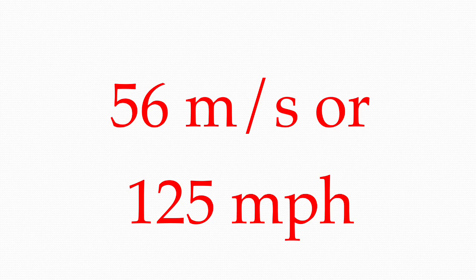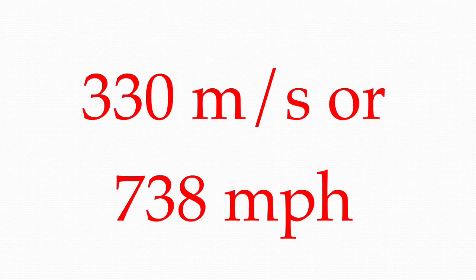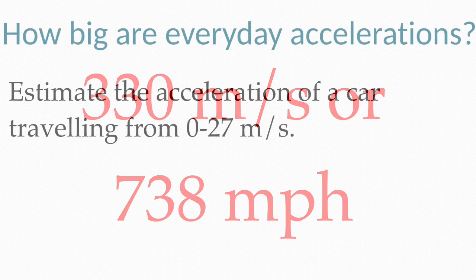You might have something about 56 meters per second or 125 miles per hour. And finally, quite a tricky one, I'd like you to try and estimate the speed of sound. The speed of sound in air is normally about 330 meters per second.